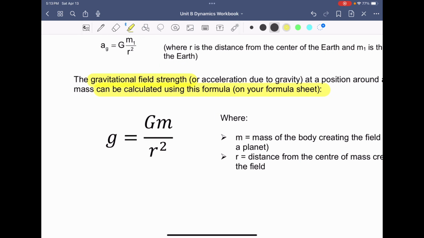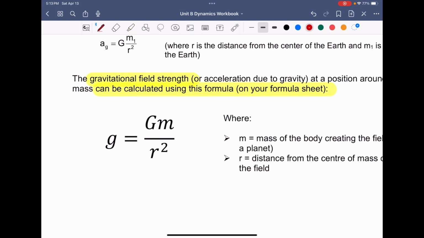Now, just to indicate this here, I always like to write this in the notes here: this would be considered the larger mass. So let's say they said, measure the gravitational field strength of Earth, and they give you the mass of some smaller object. Well, that smaller object's mass doesn't matter. We just want the larger mass, or the mass of the planet.